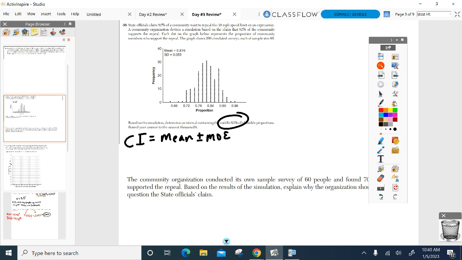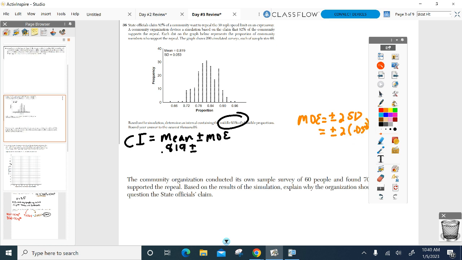Mean, they give it to you right here, 0.819 plus or minus. Here's another formula I'm going to need, margin of error. How do I find margin of error? Plus or minus 2 times your standard deviation, which is also given in the top left-hand corner. So plus or minus 2 times 0.053.